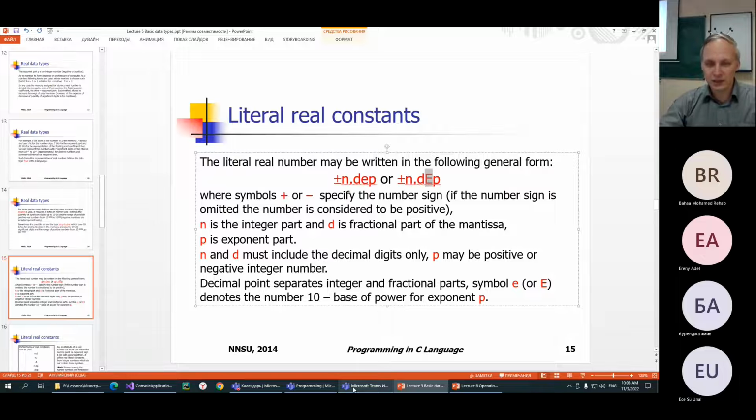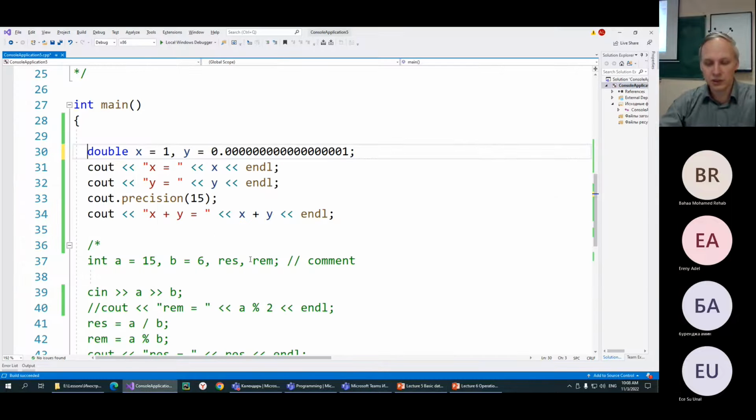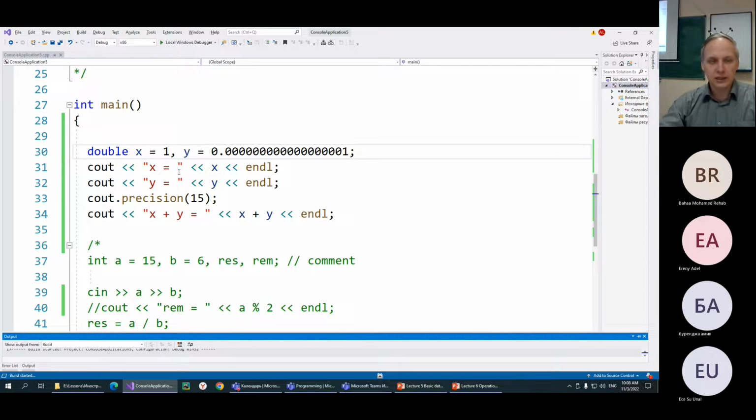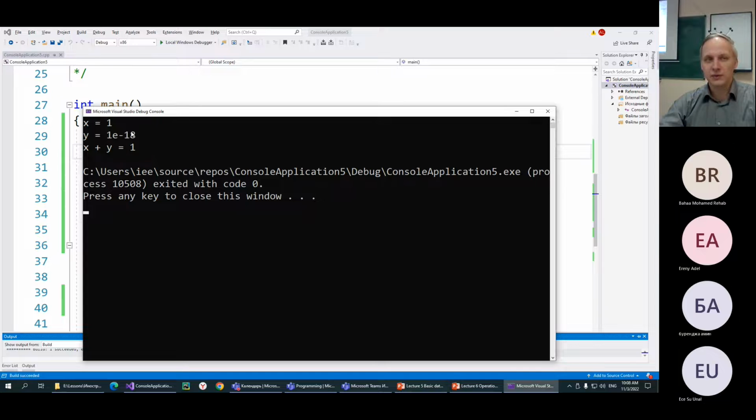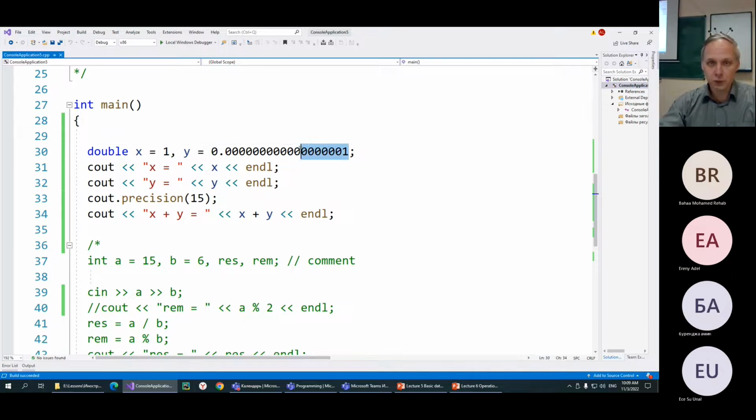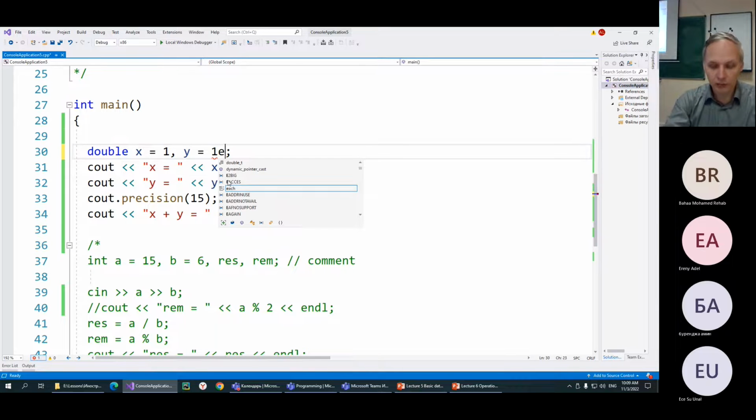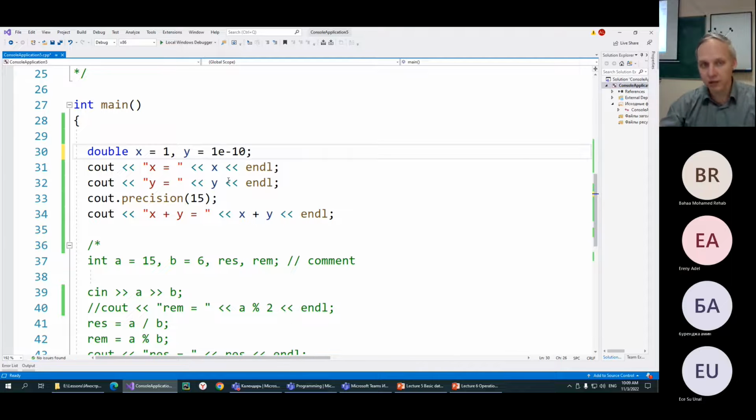So a very, very small number is output to the screen in scientific form, 1e minus 19, and you can use this form in your program. You can use it here, 1e minus, for example, 10, to write a very small or very large number.